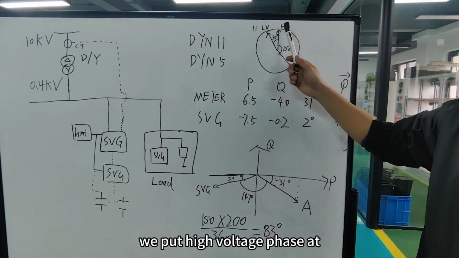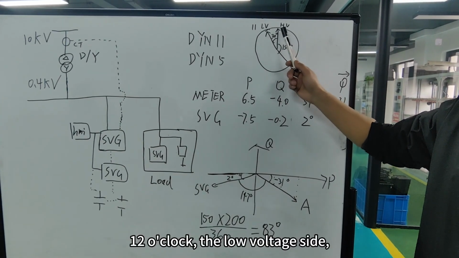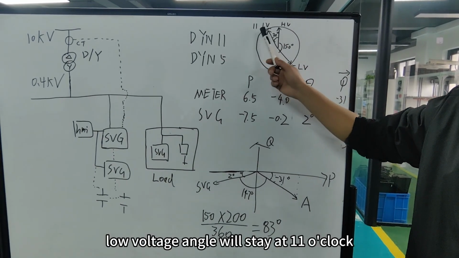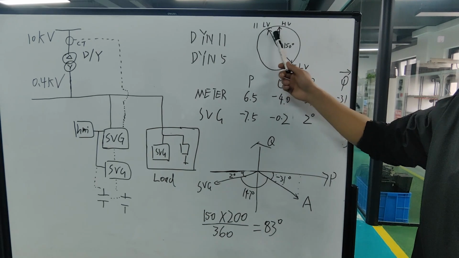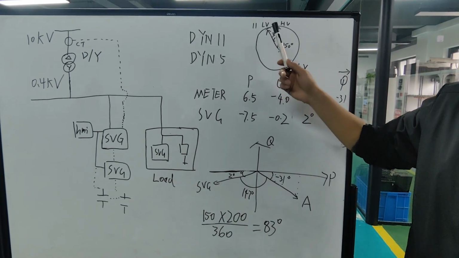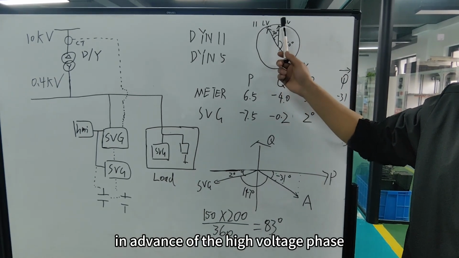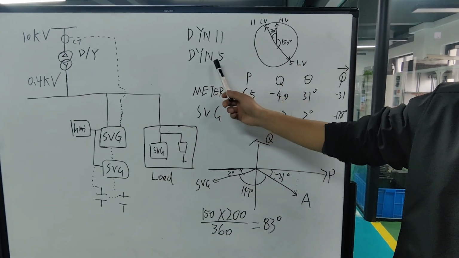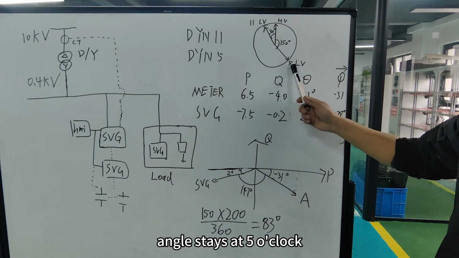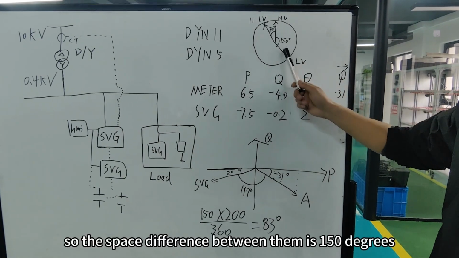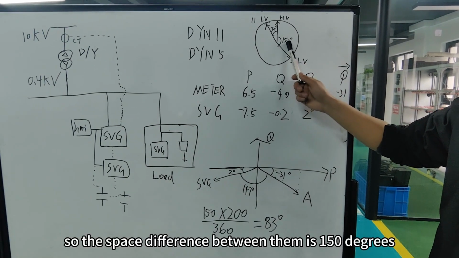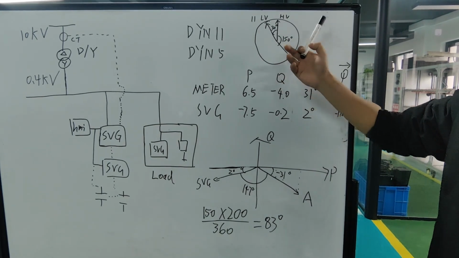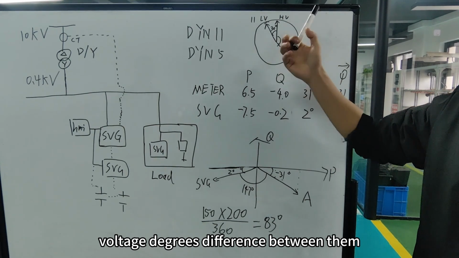If we put the high voltage phase at 12 o'clock, the low voltage angle will be at 11 o'clock, so the low voltage leads the high voltage phase by 30 degrees. For a DYN5 transformer, the low voltage angle stays at 5 o'clock, so the phase difference between them is 150 degrees. This is the voltage phase difference between them.